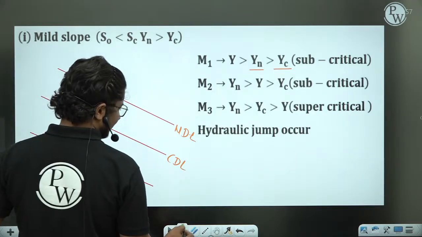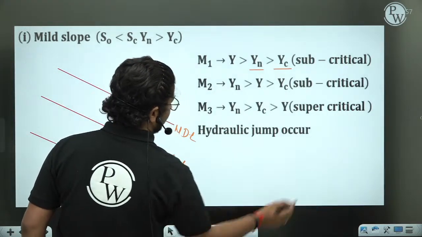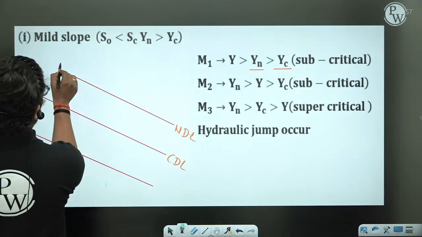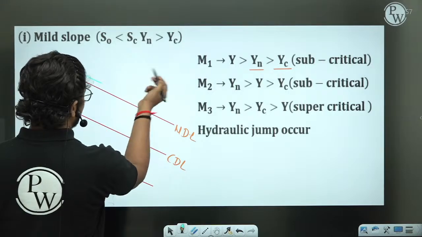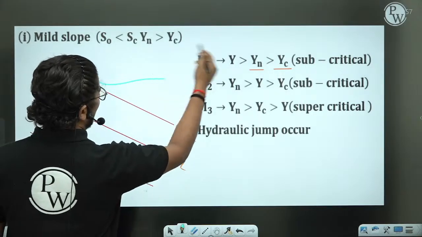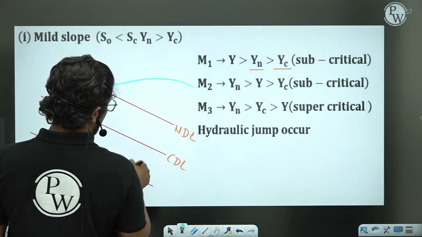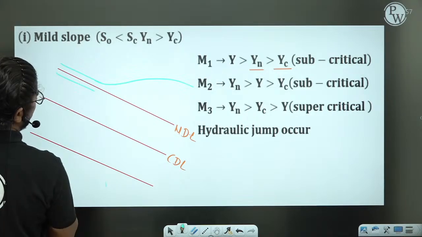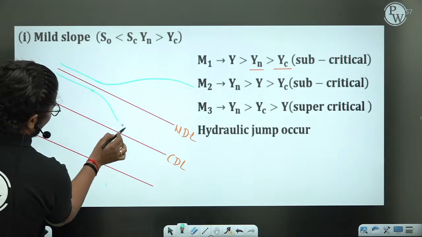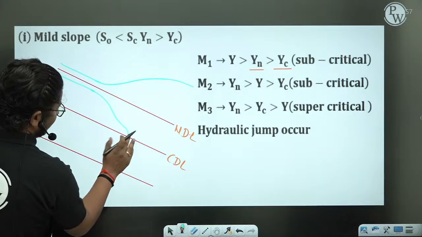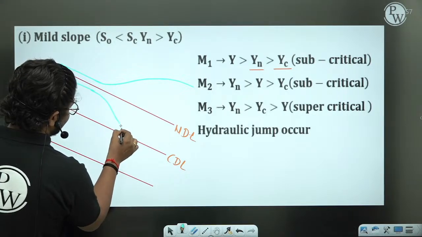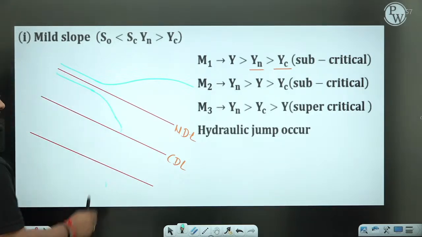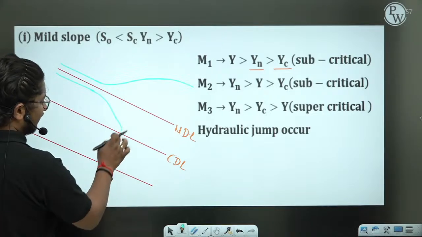Now based on this, if I try to draw the water surface profile, look at how it will be. It makes an asymptote with the NDL line. As M1 is rising, it will be a rising profile, and as it goes to infinity, it tries to become parallel with the S0. M2 makes an asymptote with the NDL line. It is a falling profile, and when it meets the CDL line, it tries to meet perpendicularly. Why am I giving a dotted line instead of a complete line?